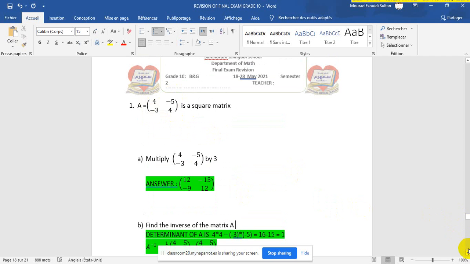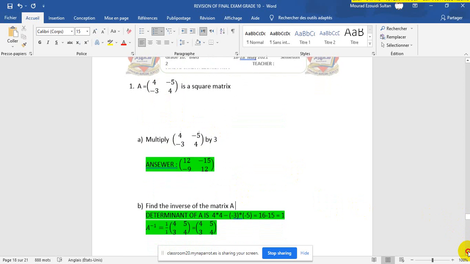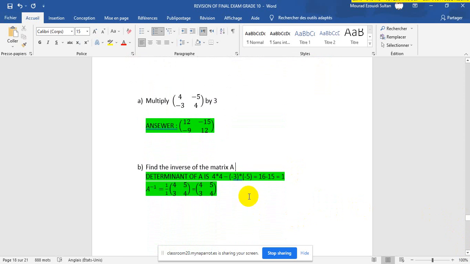So the determinant value is 1. We have 4 by 4 minus 3 multiplied by minus 5. 4 by 4 is 16. Minus 3 by minus 5 is 15, and there is a negative sign, so minus 15. 16 minus 15 is 1.